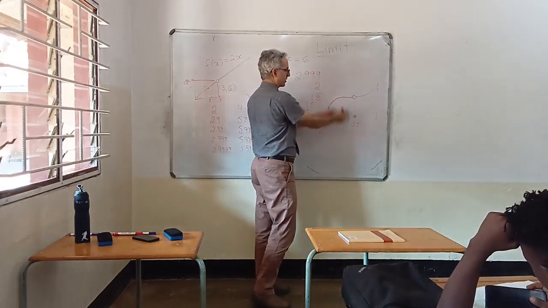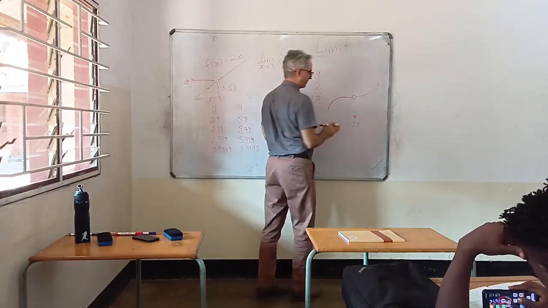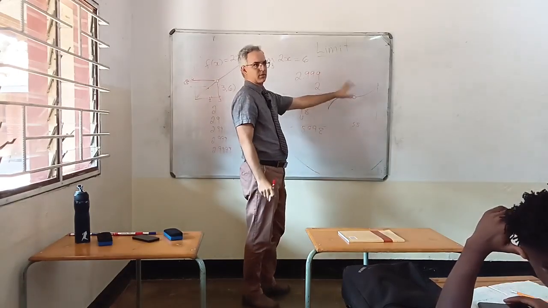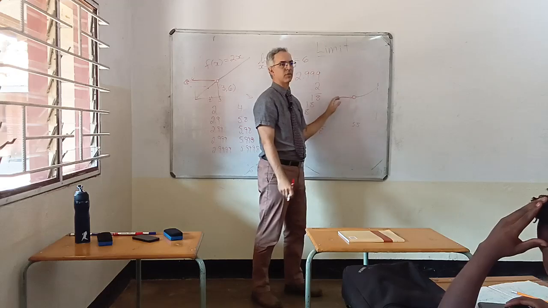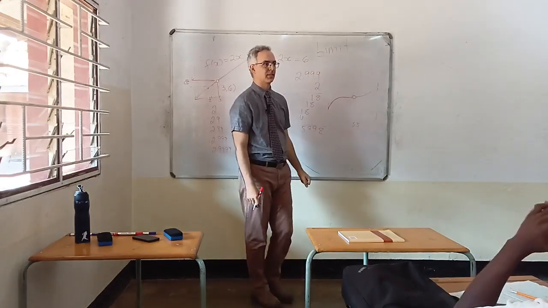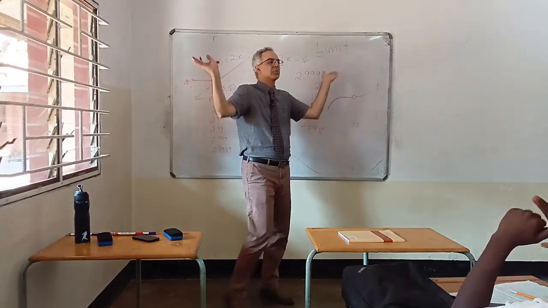It's not in the domain. We can do this in math. We can draw a function and say the function exists everywhere except here. I take out this point. I decide this point, the function, I don't know.